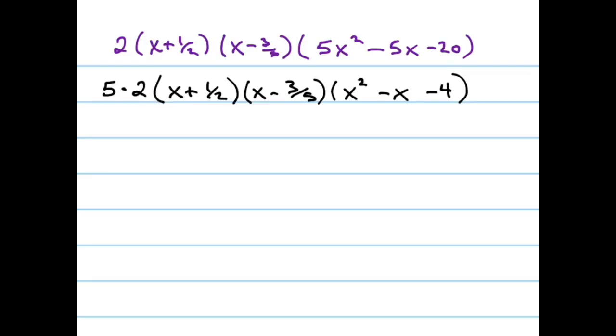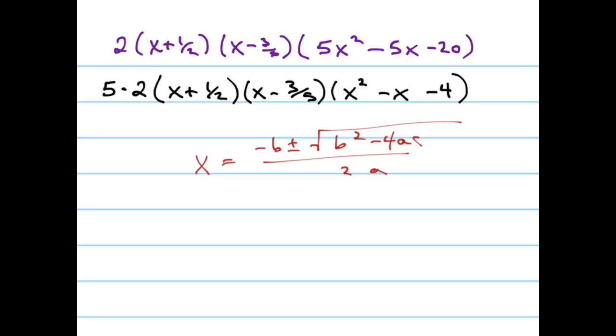Are there factors of -4 that add up to -1? No. So how else could we solve that to find the real zeros? What other method? Quadratic formula. X equals -b plus or minus the square root of b squared minus 4ac all over 2a.